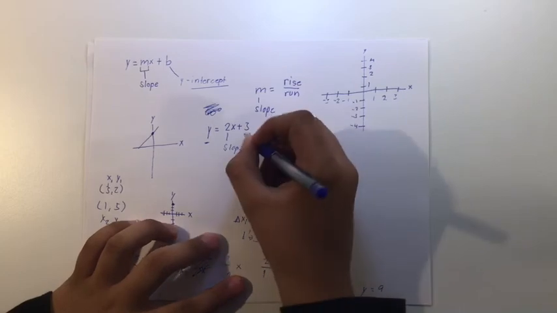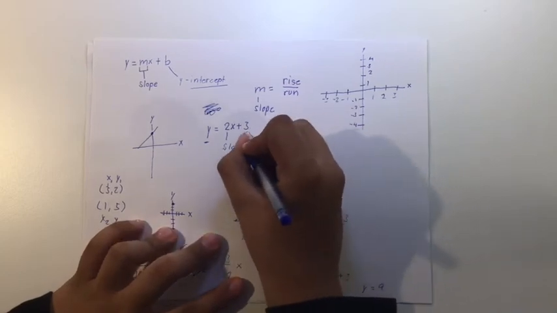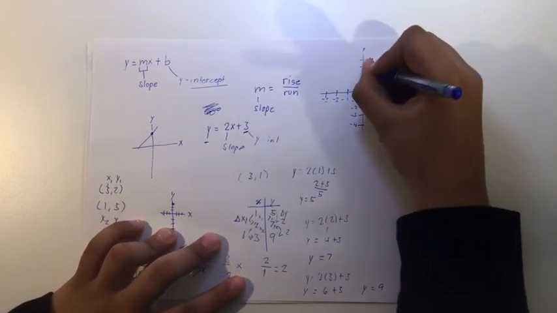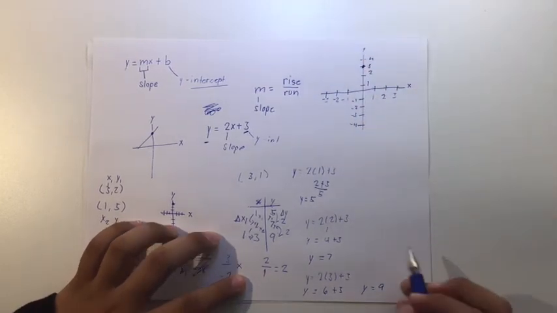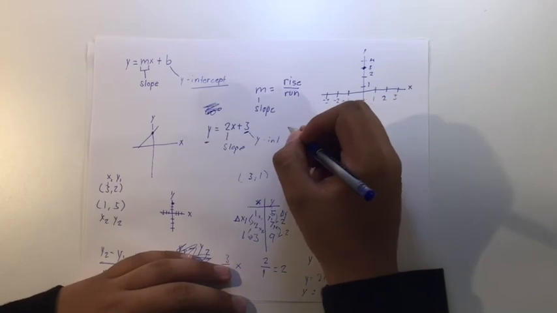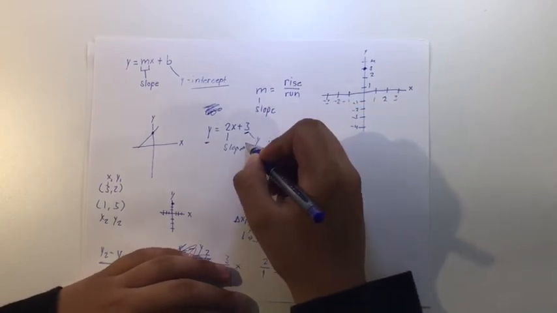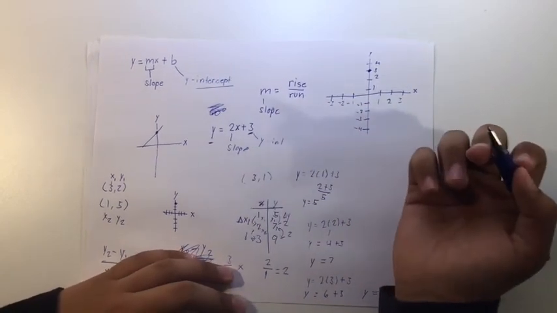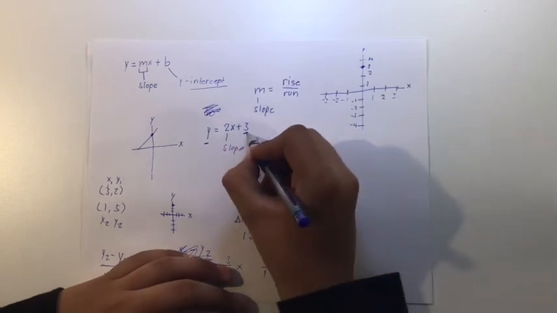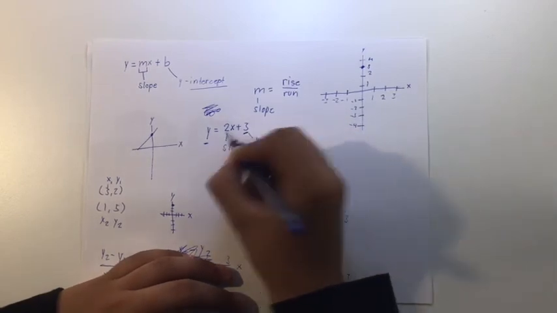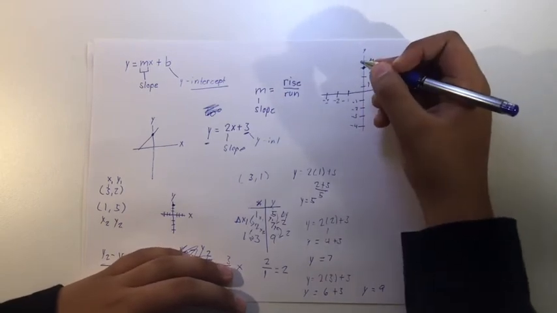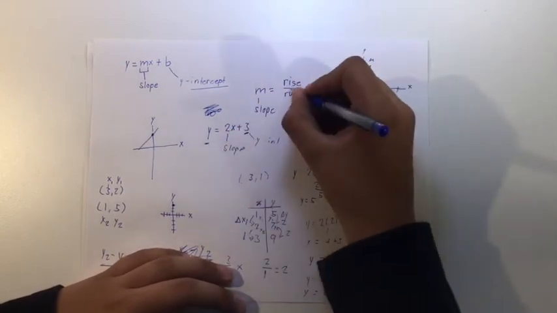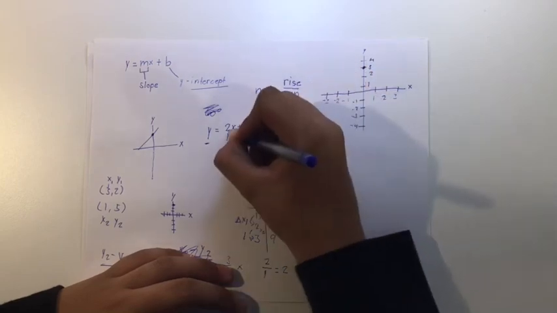We all know that our intercept is 3, so here's 3. Now, using the rise and run strategy, 3 can be used as the base.